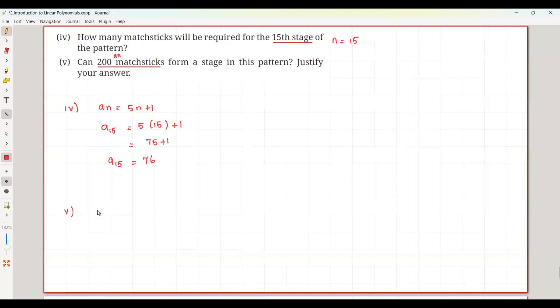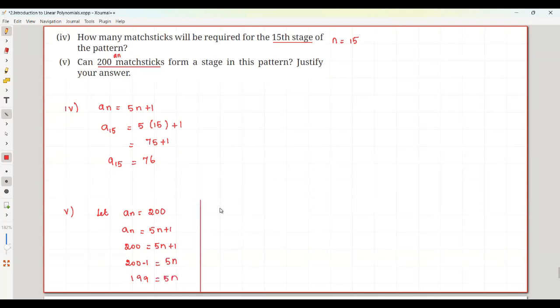Just apply the formula: an is equal to 5n plus 1. So consider an is equal to 200. 200 is equal to 5n plus 1. Take the 1 to this side: 200 minus 1 is equal to 5n, so 199 is equal to 5n.